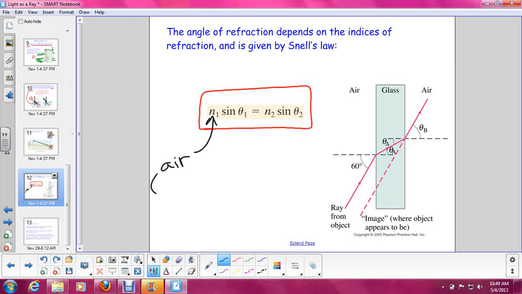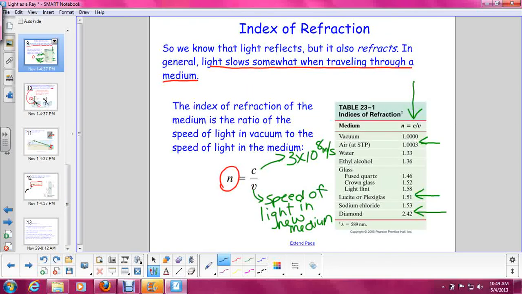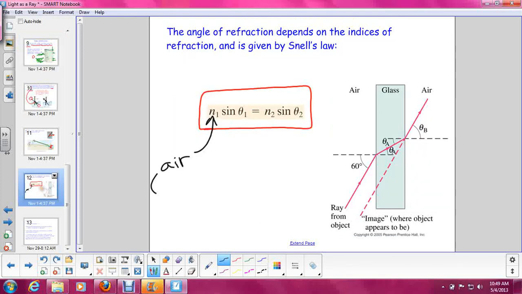It turns out that the index of refraction for air is 1.0003. So this would be 1.0003, and it's coming in at an angle of 60 degrees to the normal. Remember, the normal is our imaginary line that's perpendicular to the surface. So it's coming in at 60 degrees.